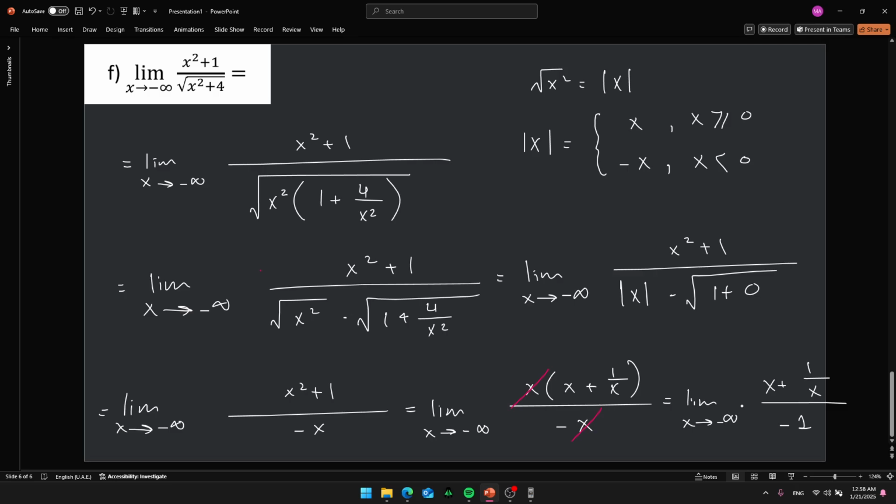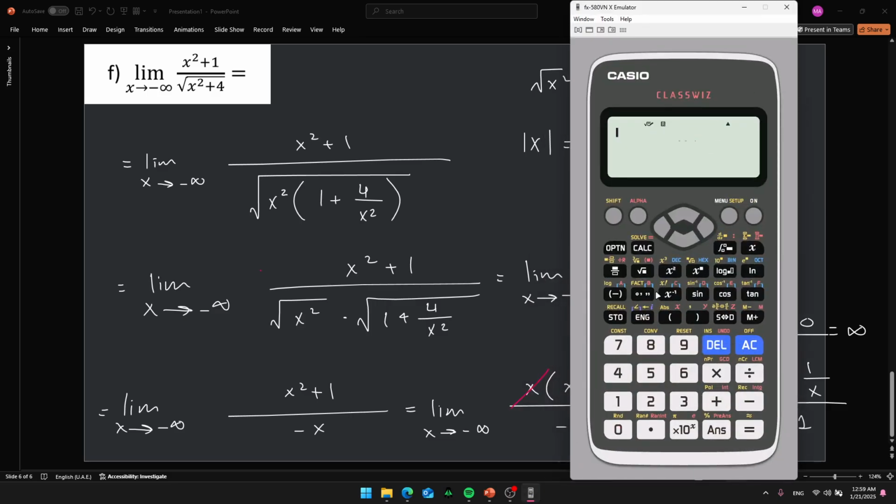Now try to plug in negative infinity. This part will go to 0. So negative infinity plus 0 over negative 1. So negative infinity plus 0, negative infinity over negative 1, positive infinity, I'd say.